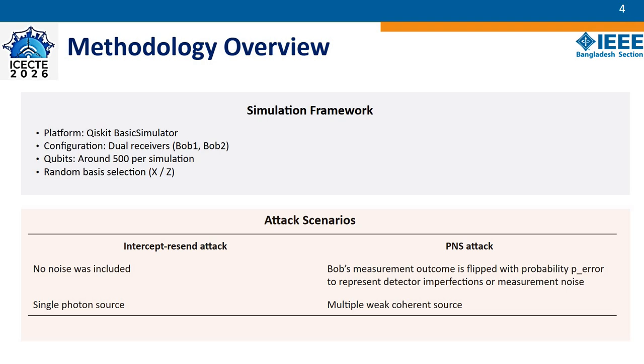We studied two attack scenarios: intercept-resend assuming ideal single photon transmission, and PNS attack using weak coherent pulses with detector imperfections modeled via error probability. This allowed us to analyze both detectable and stealthy attack behavior.